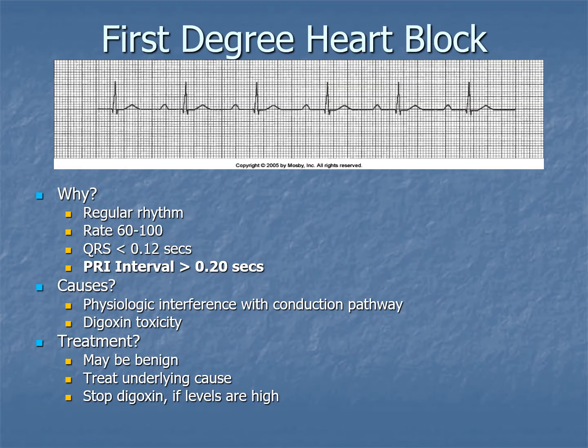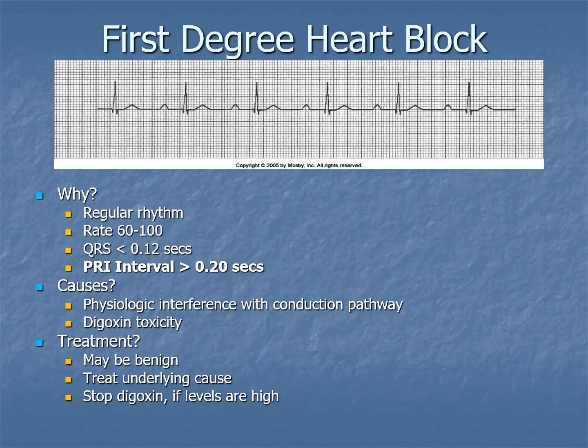Now, I mentioned first degree heart block earlier in this presentation. It involves a PR interval greater than 0.20 seconds, greater than a fifth of a second. The rate is regular, between 60 and 100. The QRS looks fine.